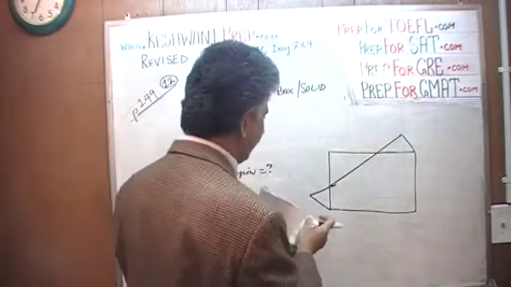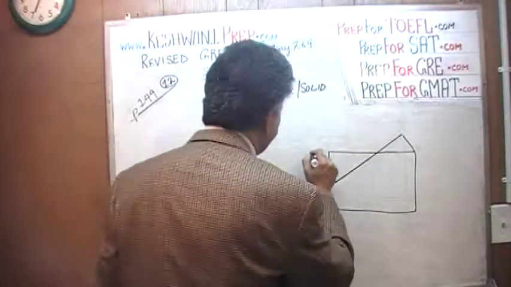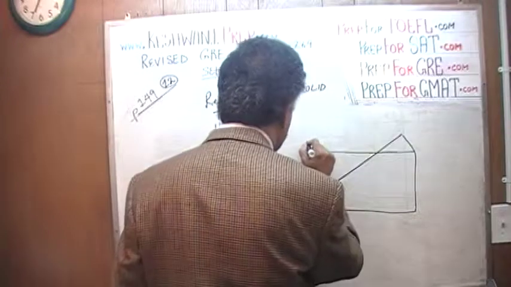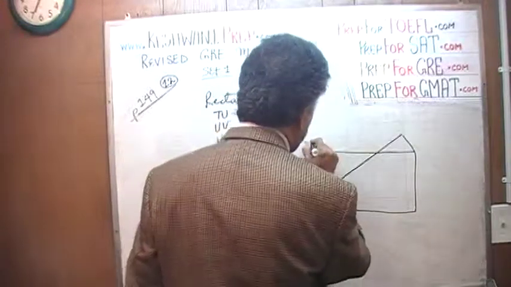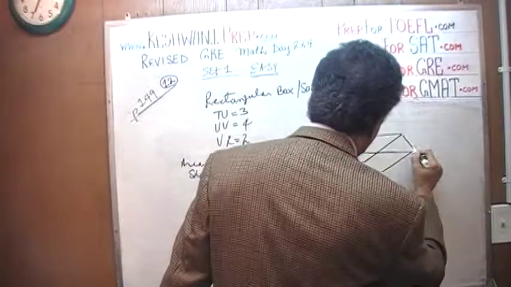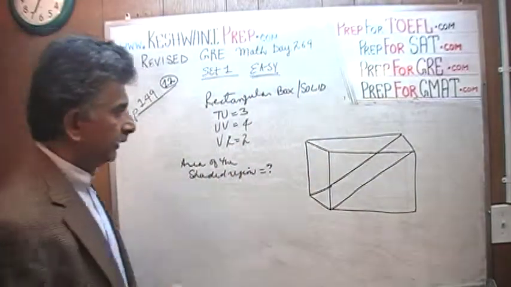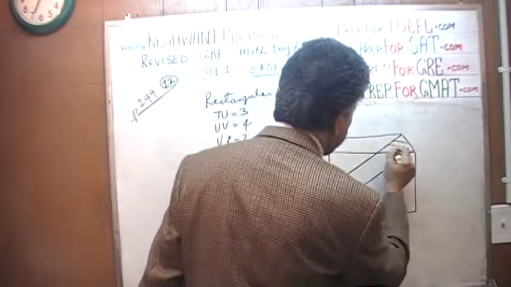That's close enough. I'm not going to mess with it. And then we have something to this effect. And the area that they're talking about, the shaded area, is this strip right here.